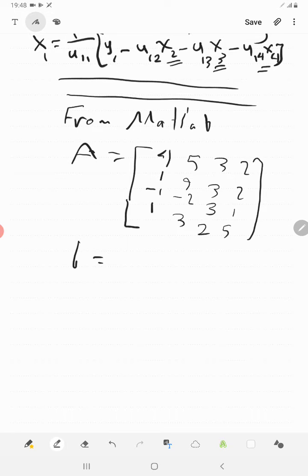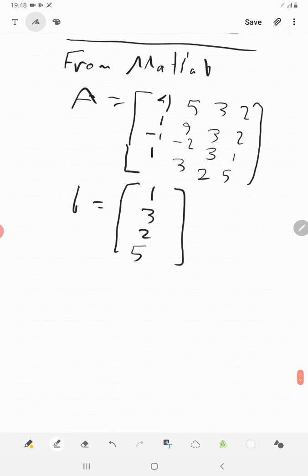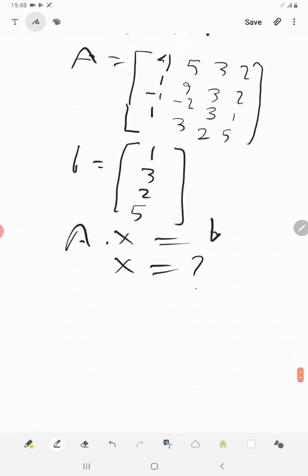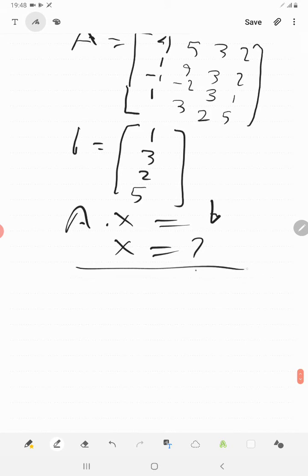B is 1, 3, 2, and 5, and we have AX equal B. So what we want is to determine what X is. First step, we make L times U equal A, so we obtain L.